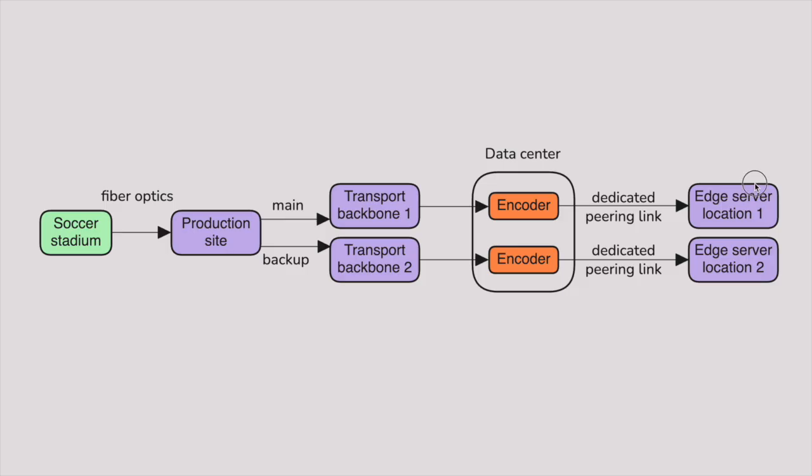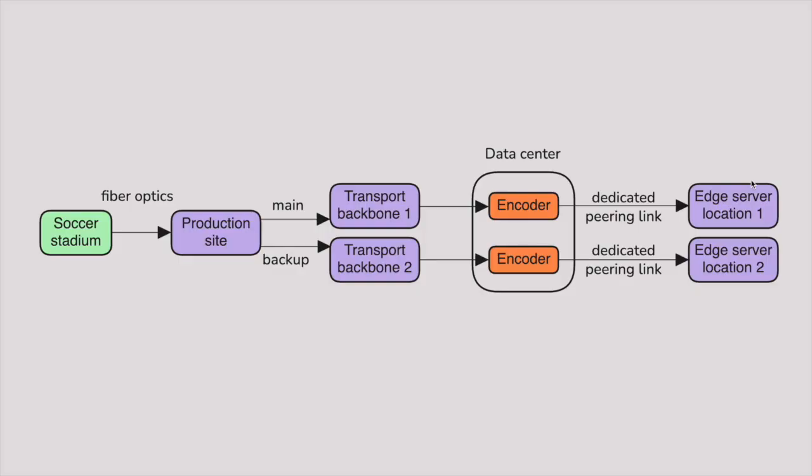Edge locations or edge POPs, points of presence, are usually smaller data centers. There are, let's say, 3-4 core data centers on the continent, and then it can be 10 or 20 or 100 edge POPs or edge data centers. They're responsible for edge computing and storage of the data, just so it's closer to the end user.